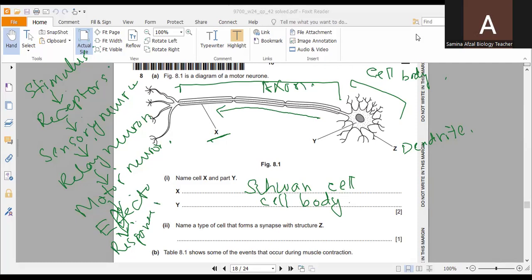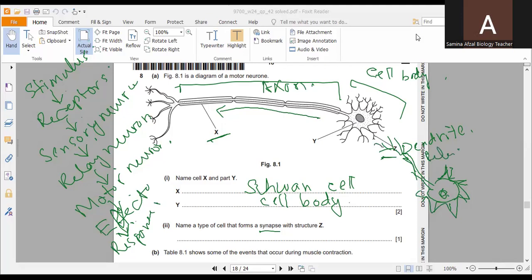So we have a synapse. What is a synapse? A synapse is the gap between two neurons, on one side the dendrites of one neuron and on the other the axon terminal of the other neuron. So the dendrite is on this side. It means there will be the axon terminal of the relay neuron, and there will be a small gap.